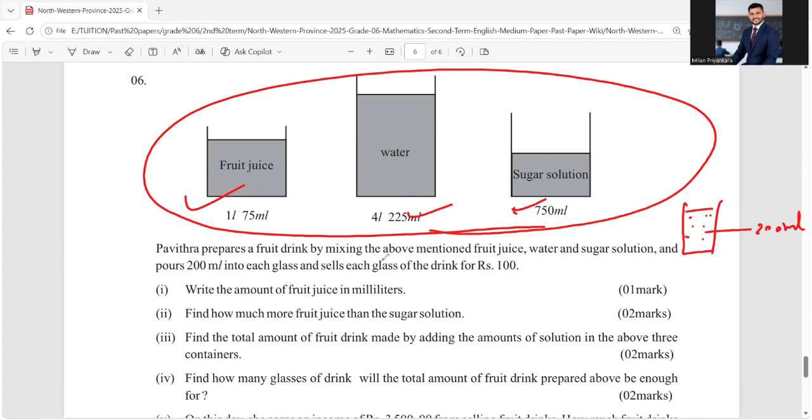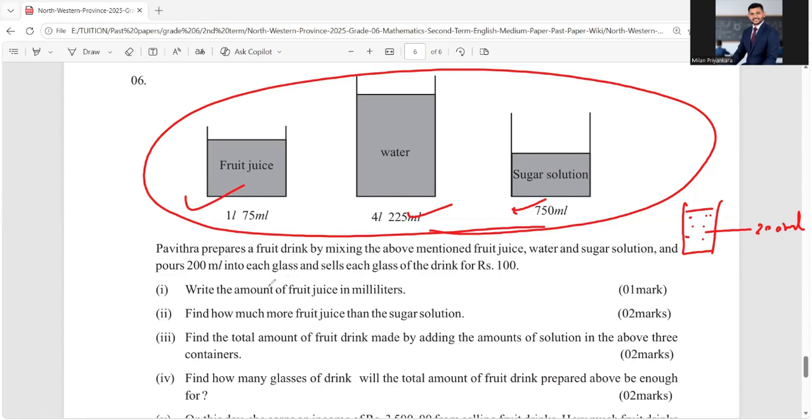So whenever you have this kind of a question, the most important thing is that you understand the story clearly and completely. If you do not understand, just read multiple times. 2-3 times you read, and then you can understand what it really says.